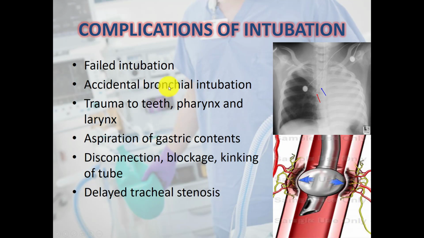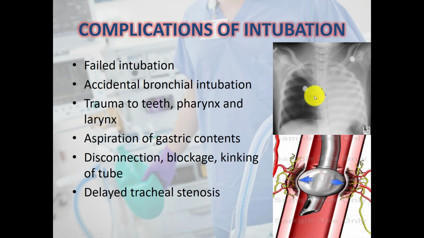What are the complications of intubation? Very common is failed intubation, and naturally this is only by the inexperienced anesthetist. Accidental bronchial intubation. In this picture you can see that there is bronchial intubation because this tube is not within the trachea, rather it is in the right bronchus, because commonly the endotracheal tube goes into the right bronchus.